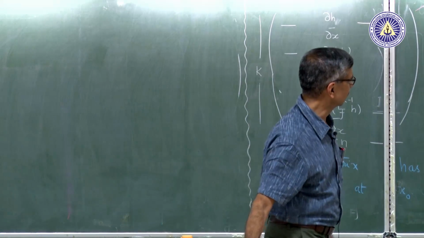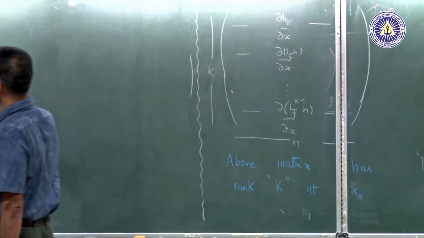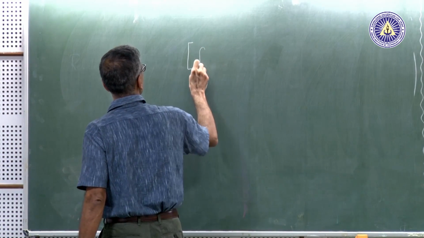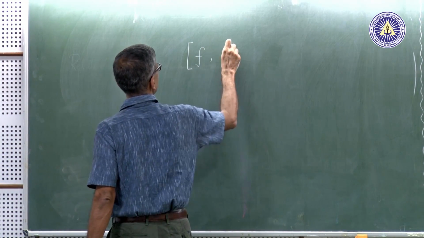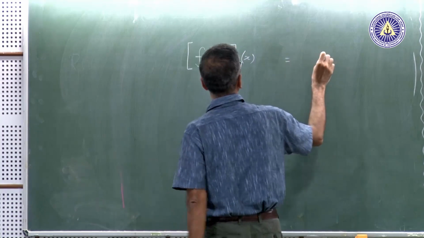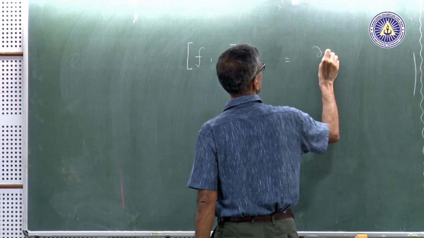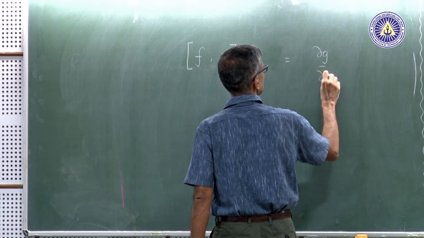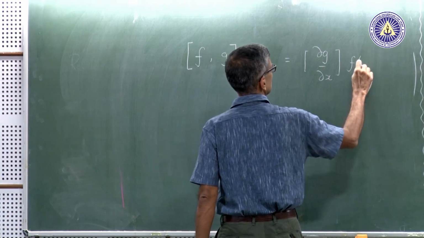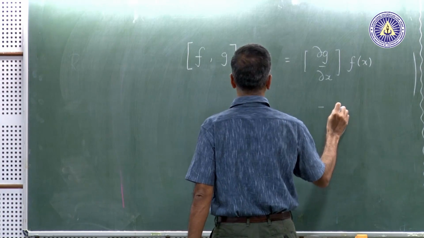For instance, if you write it in coordinates, the Lie bracket, just as you made a comment on the Lie derivative, let's say f and g are vector fields. The Lie bracket of these, which is a vector field, in coordinates it's given this way, this being an n by n matrix, minus.